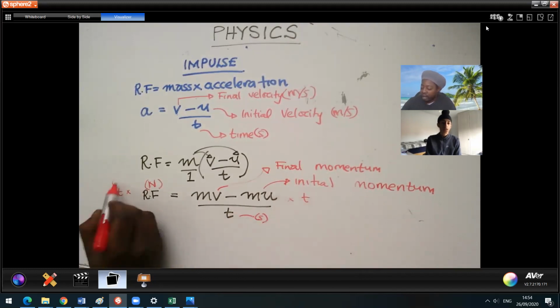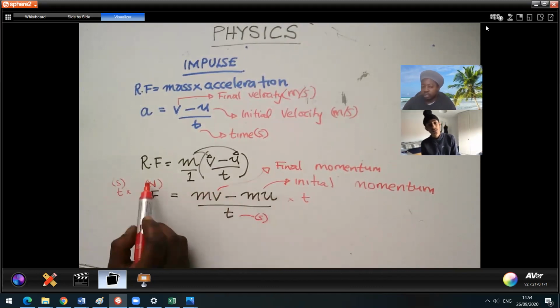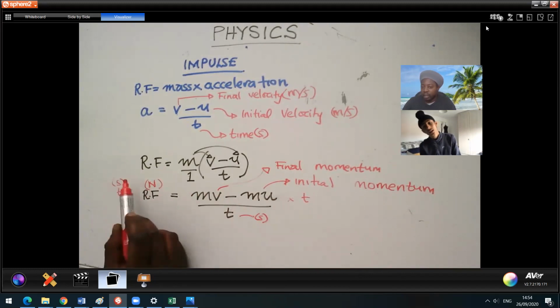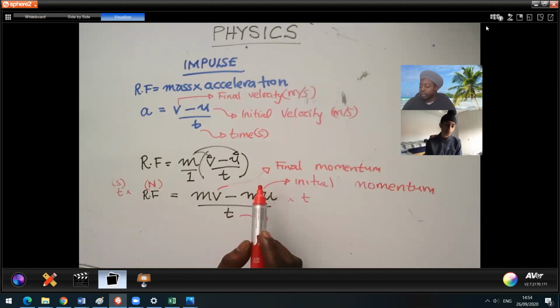Over here, I now have a unit of newtons multiplied by seconds. That is why momentum is also measured in newton seconds, because it's an equation. The units on the left-hand side have to be equivalent to the units on the right-hand side. Okay, so far so good.